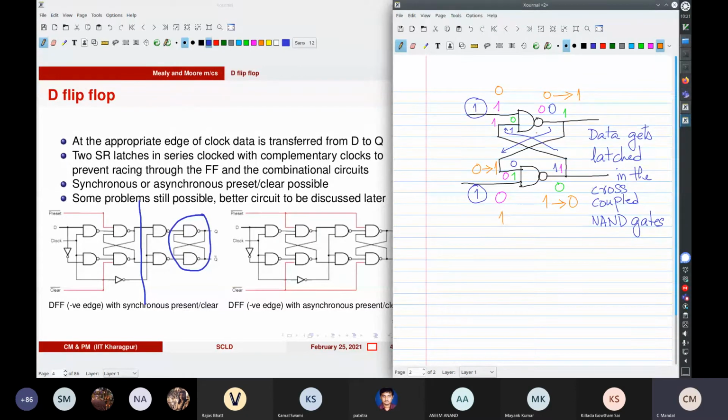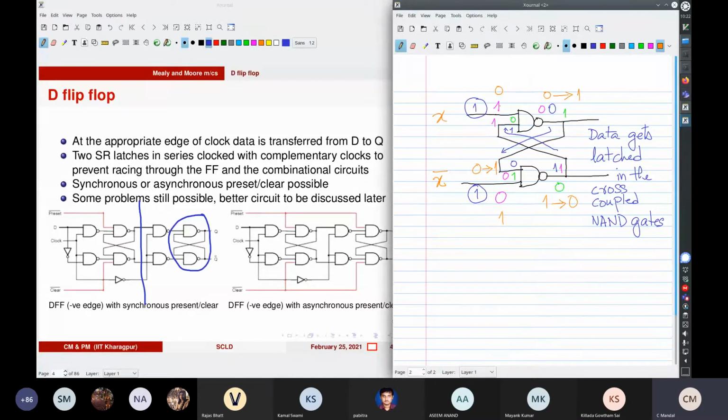All right. So as you can see here, these inputs: the important thing is you have X here and X bar here. That is what is important.